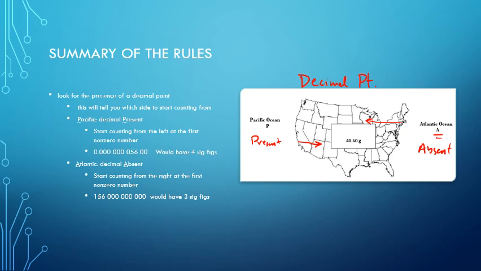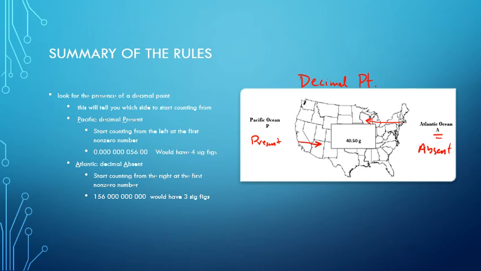This is going to tell us again which side of the U.S. map to start on. If the decimal point is present, then we're going to start on the left side of the numbers, find the first non-zero number, and then we would simply count to the right, however many digits that happens to be. So as you can see in this first example, I have 0.00000005600.